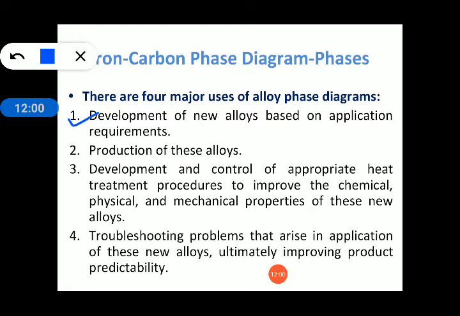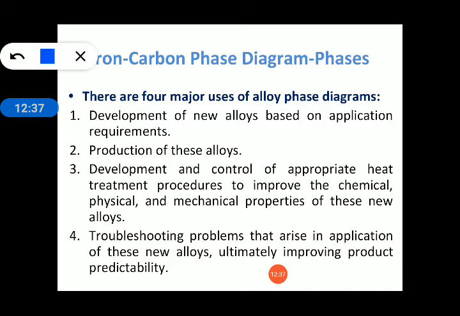With the help of this iron carbon diagram, you can develop a new alloy based on your requirement. You can also plan production of this alloy if you know which phases exist at which temperature, which reactions take place at that temperature, and which solids are formed after those reactions. If you know this, then you can start the production of that alloy.